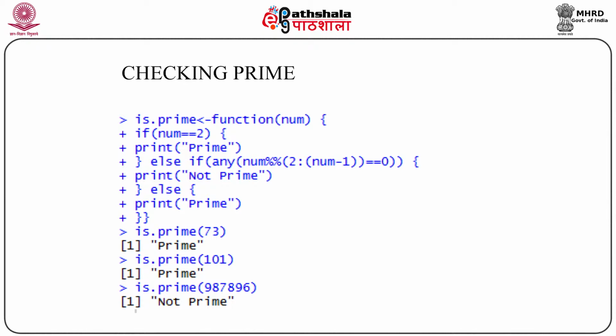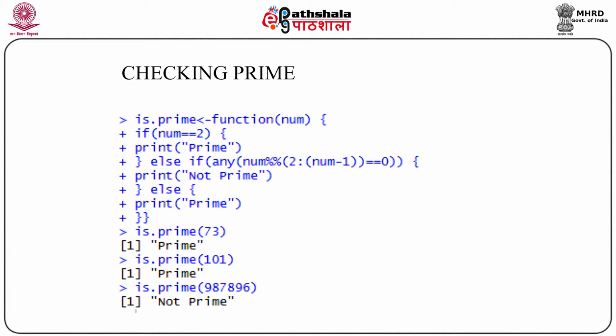Firstly, if the number is 2, consider it to be a prime. Here, we are using else if along with if for the first time. This is primarily used if two sets of instructions need to be given when the if condition does not hold. Now, we are dividing num by any number starting from 2 to num minus 1.